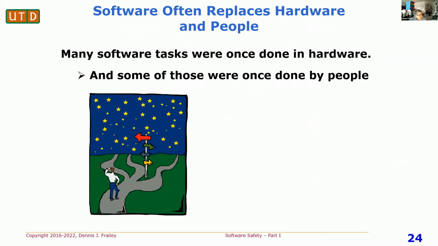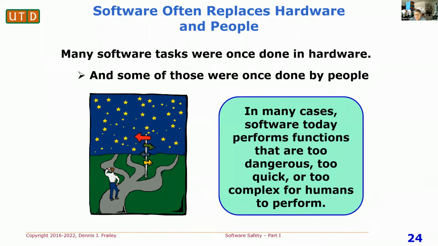Now, software often replaces hardware and sometimes replaces people, especially with all the AI that they're talking about these days. Many software tasks were once done in hardware or by people, and in many cases, the software does this, but the functions are often very dangerous.